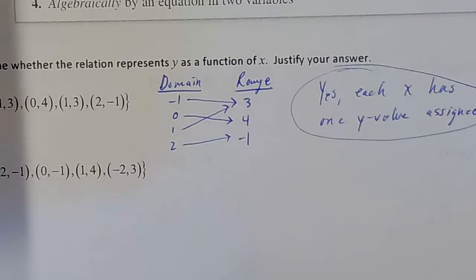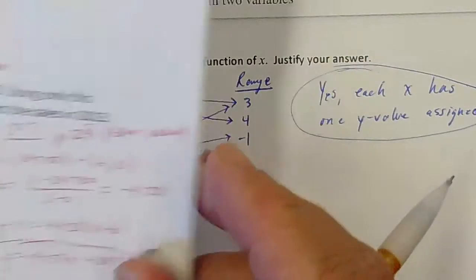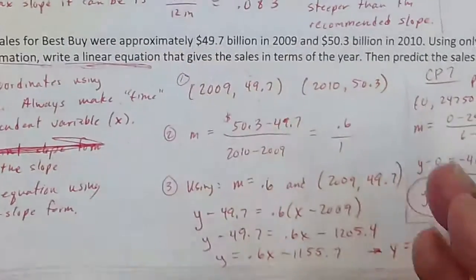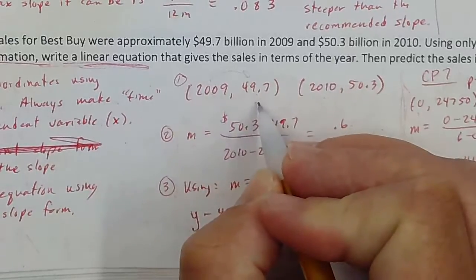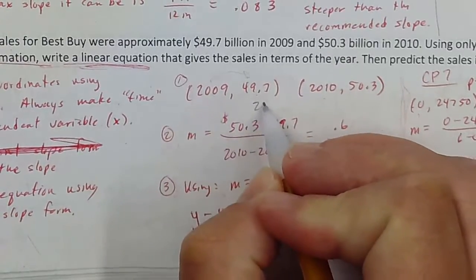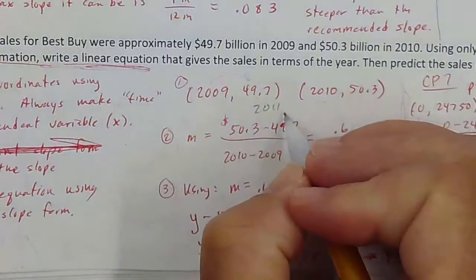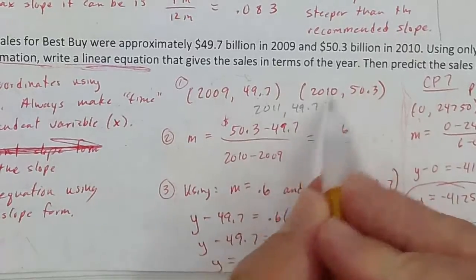Okay, just to relate this to an application real quick, so you're making some sense of this definition of a function. Why does each X need to have one unique Y? If I go back to this sales example from Best Buy, let's just say I had 2011. Okay, it's okay to have a Y value repeated, 49.7. That's fine. Maybe the sales went back down.